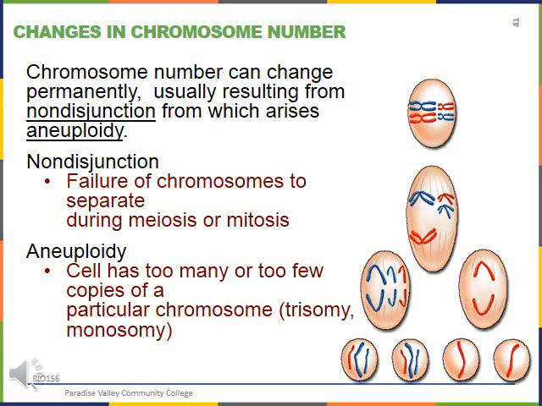And then aneuploidy is when a cell has too many or too few copies of a specific chromosome, just like we talked about in trisomy or monosomy. And so you can see those at the bottom there, actually in the 3rd row on the left and at the bottom row on the left, or actually on the right as well.